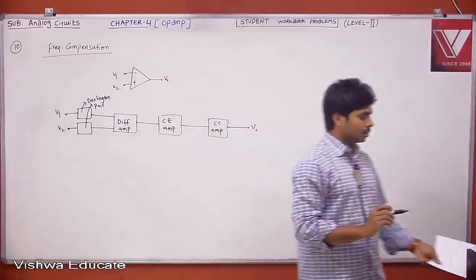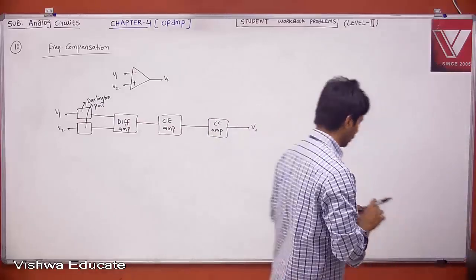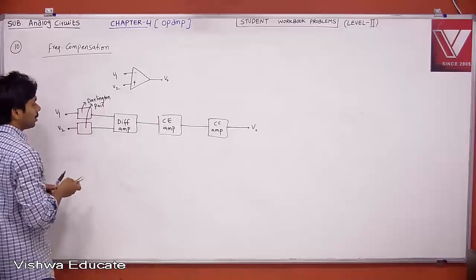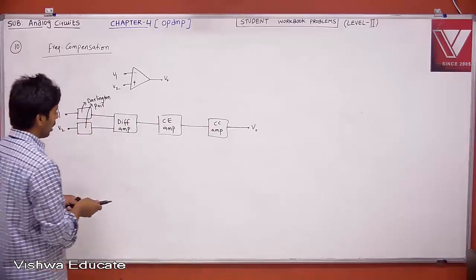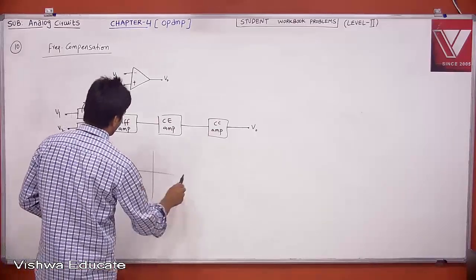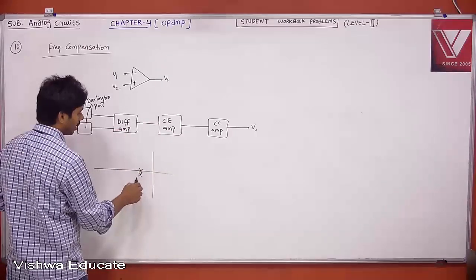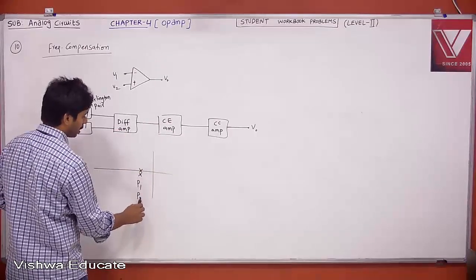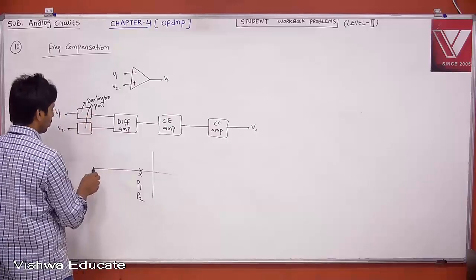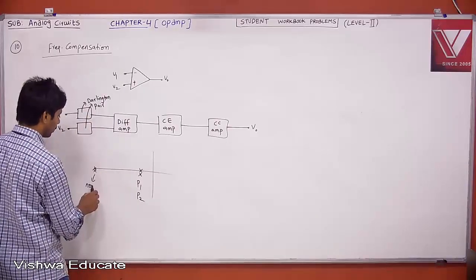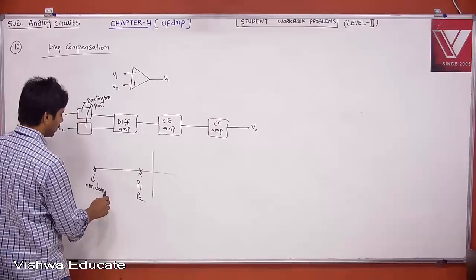Now this is a two pole system, because the poles from the Darlington pairs can be non-dominant poles. If you have the root locus, the poles from the differential amplifier and the pole from the common emitter amplifier, you can call P1, P2, they are here, and the non-dominant poles are at infinity, you can ignore. Why are they at infinity?